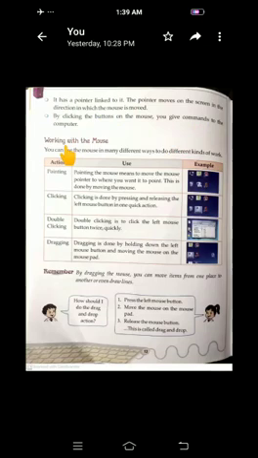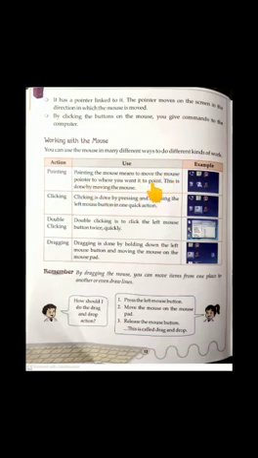Working with the mouse. You can use the mouse in many different ways to do different kinds of work. Okay? First is pointing. Pointing the mouse means to move the mouse pointer to where you want it to point. This is done by moving the mouse.